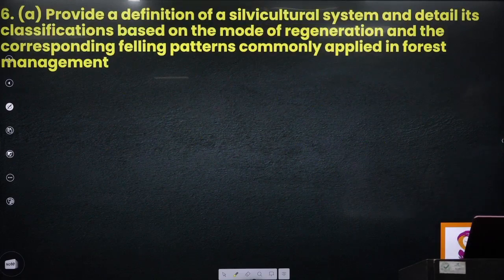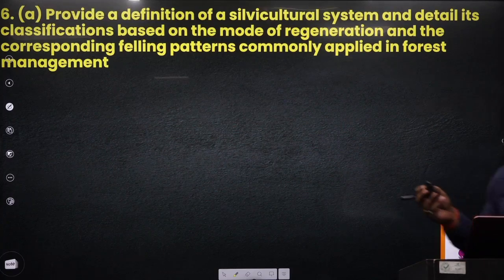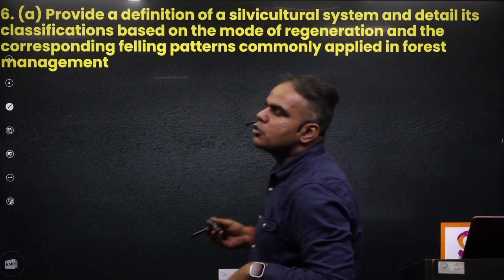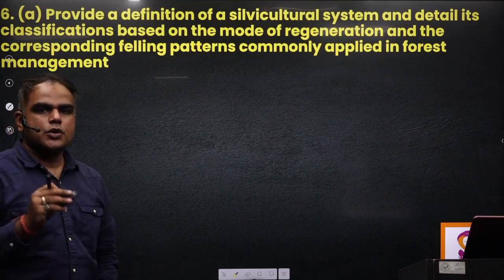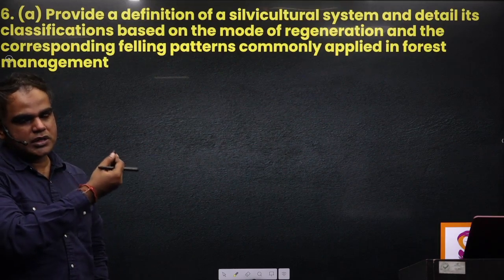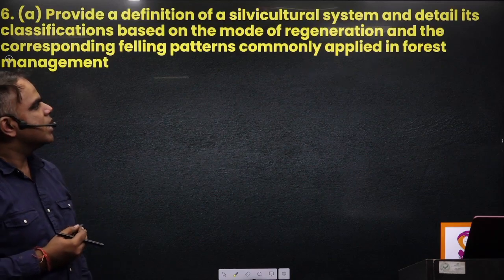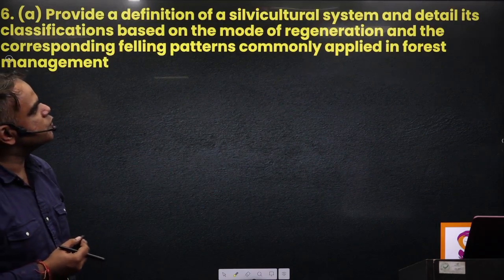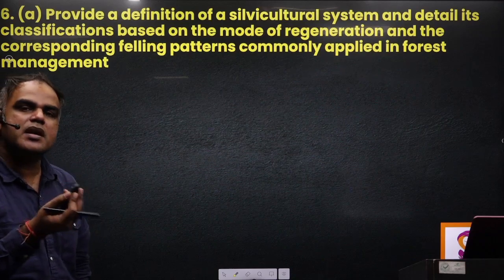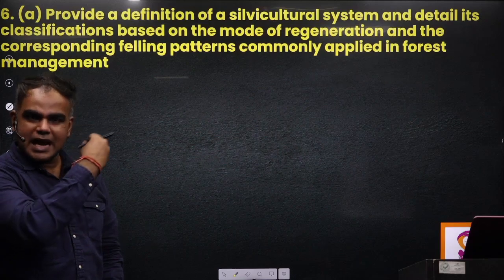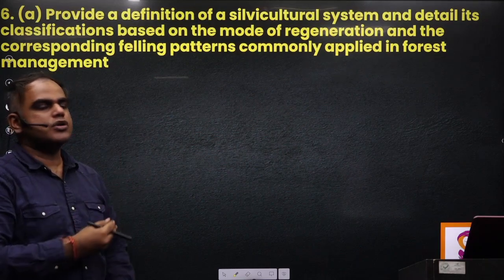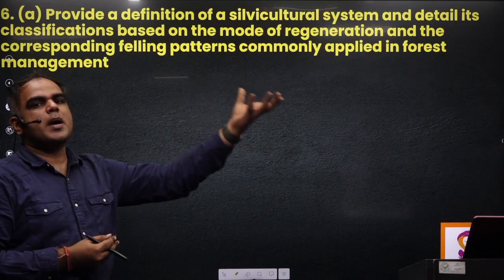Now let's talk about the next question, that is question 6a. From question 6 onwards there are certain questions more related to silvicultural systems. Here, at least the very first question is a very basic question on silviculture systems. Here I would encourage, of course, that you write down the definition of what a silviculture system is, and then draw the diagram wherein you talk about the high forest and the Coppice forest.